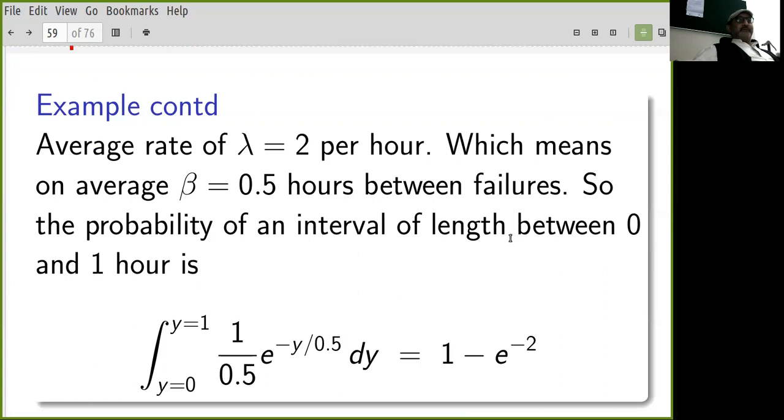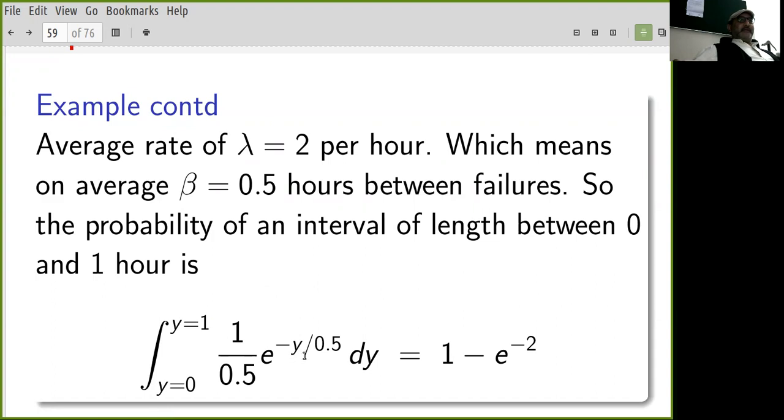So the probability of an interval of length 1 hour between power failures is, remember, for PDFs, you're going to integrate. So you integrate from y equals 0 hours to y equals 1 hour, 1 over beta, which is lambda, right?